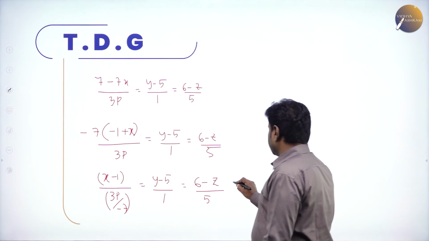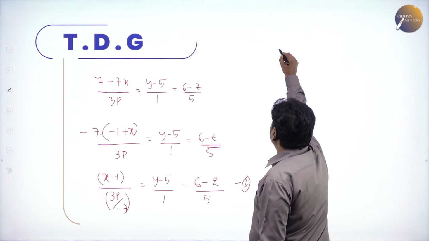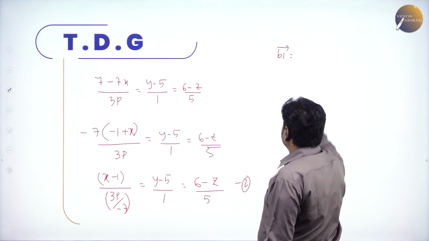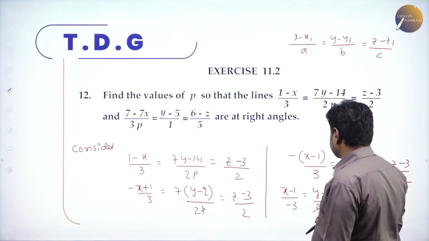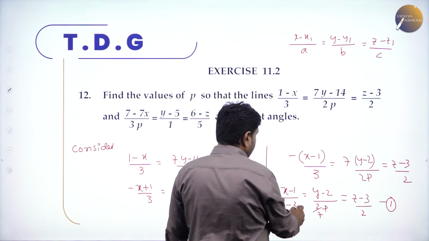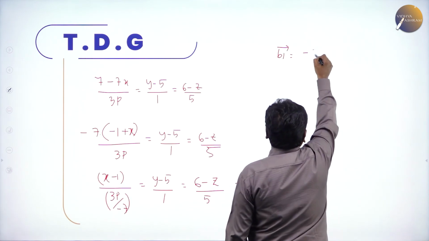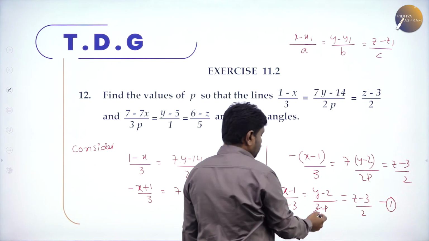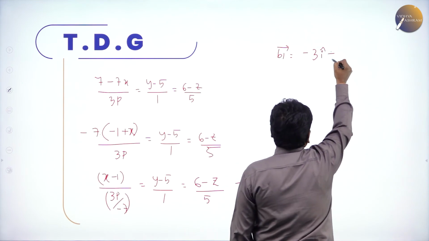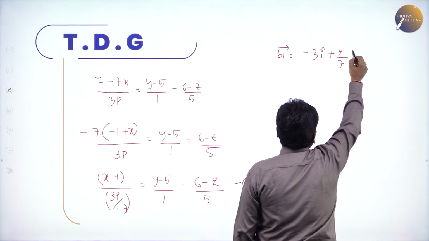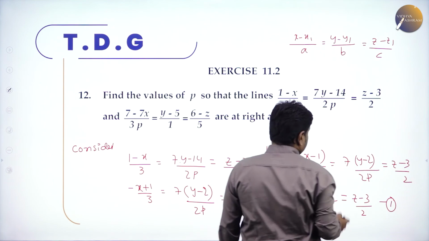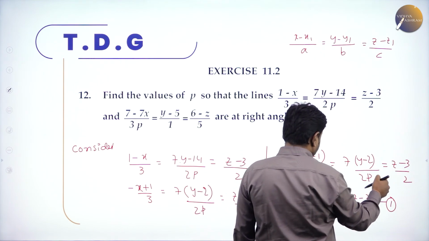Now this is the second line. Now you can write b1 and b2. What is b1? Coefficients of the denominator of the first line. That is minus 3i cap plus 2p by 7 j cap plus 2k cap.